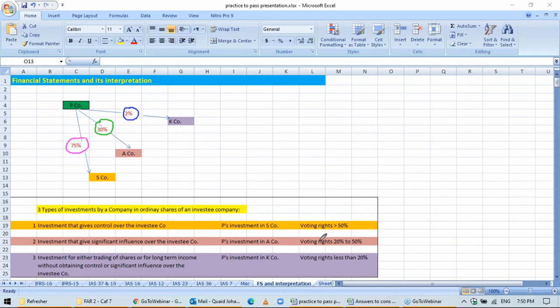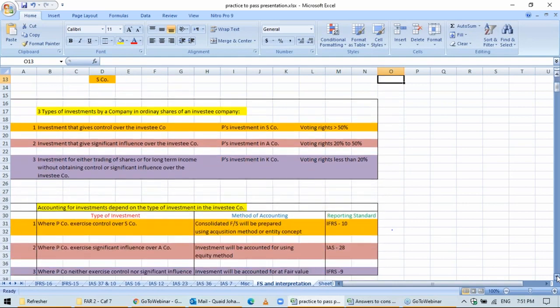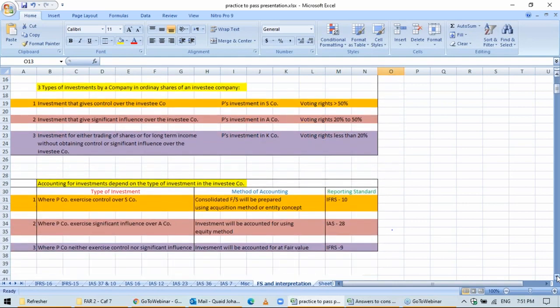So the accounting for this has been described below in some colorful diagrams. So you can read those diagrams to get a summary of the concepts. Please go through these diagrams for 2 minutes, and then I will start doing some questions related to consolidation.